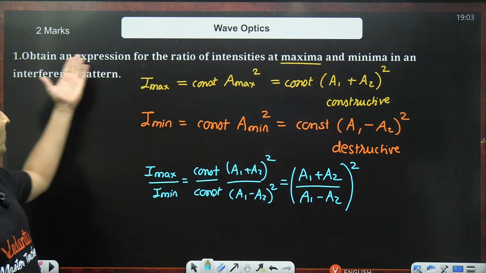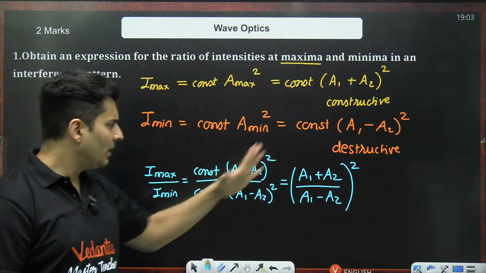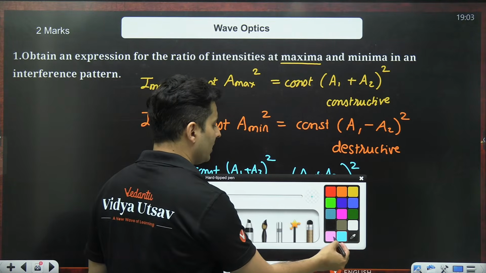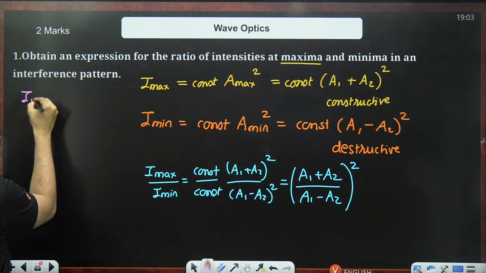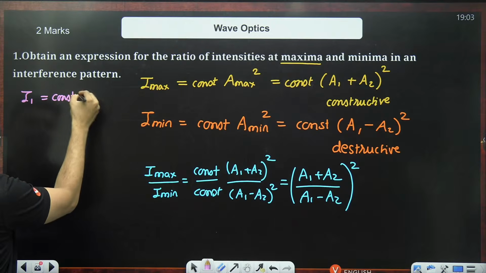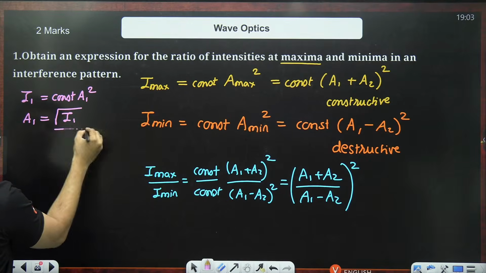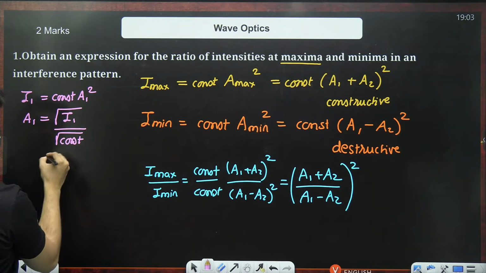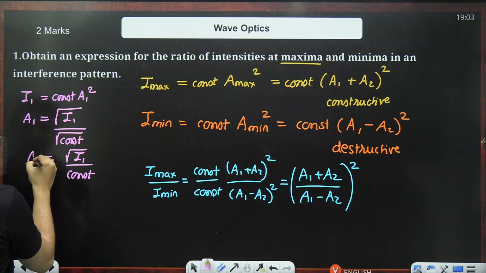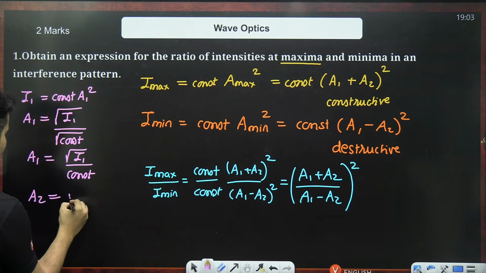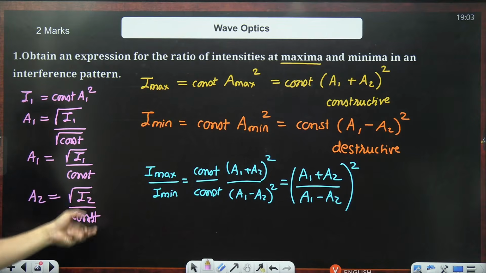So this is the answer for the ratio of the intensities of maxima and minima in the interference pattern in terms of amplitude. But if you don't want to give it in terms of amplitude, then here is the logic. We all know intensities are proportional to the amplitude squares. So I1 will be constant multiplied by A1 square. Therefore A1 will be root I1 divided by root of constant, which is basically root I1 divided by a new constant. Similarly, A2 will be root I2 divided by some new constant, because root of a constant is also a constant.